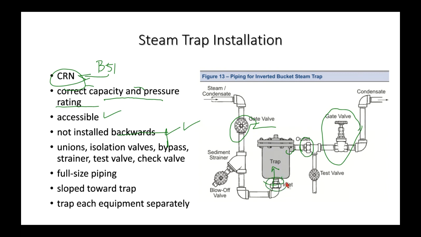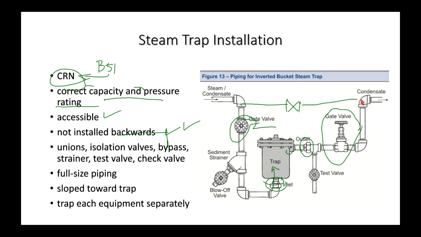We're going to have a couple of unions, one at the inlet and one at the outlet. So we do a lockout, tag out the inlet gate and the discharge gate, let the thing cool off. We can drain it using the test valve and the sediment strainer, and then we open up the inlet and the outlet.